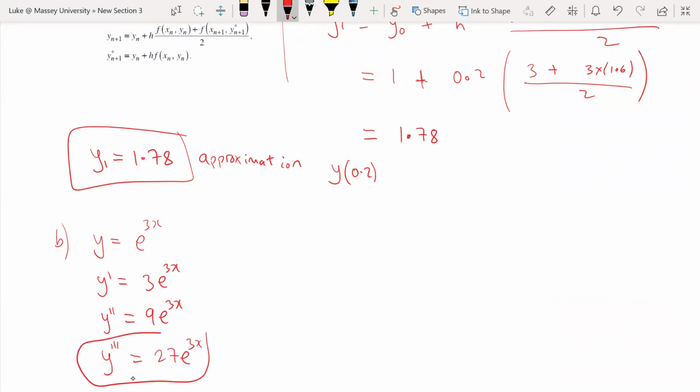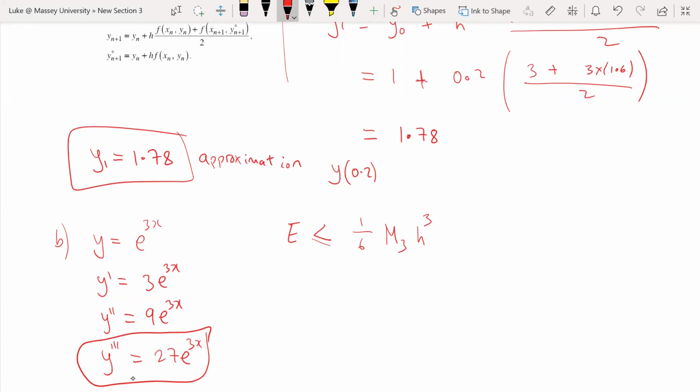So here's my third derivative. And I said that the local truncation error is less than or equal to 1/6 times the maximum of this third derivative times h cubed, or h squared? h cubed it should be.